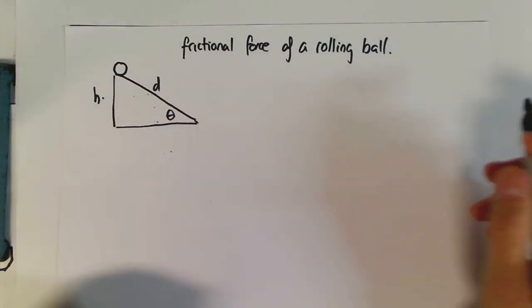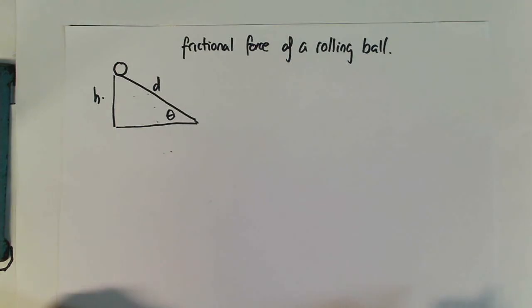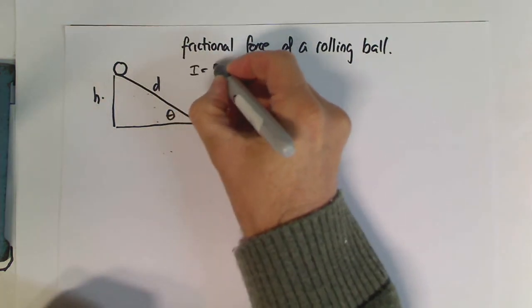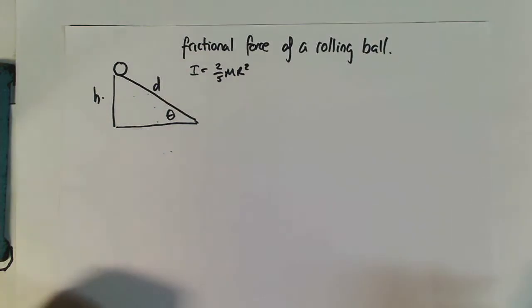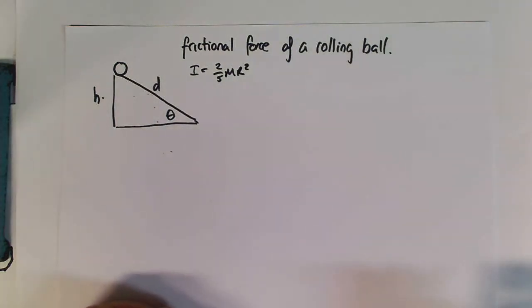Alright, this is the frictional force on a rolling ball. Let's just start as usual by thinking about a few of the things here. I for the ball is 2/5 m big R squared. We'll assume the mass, and that's the only m and the big R that we're going to use in here.